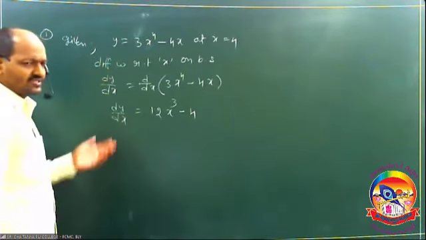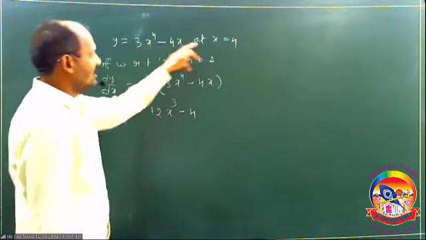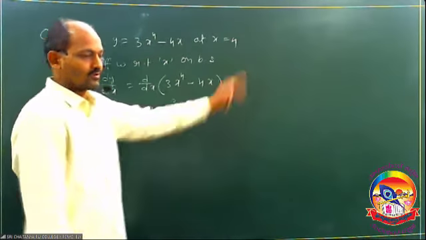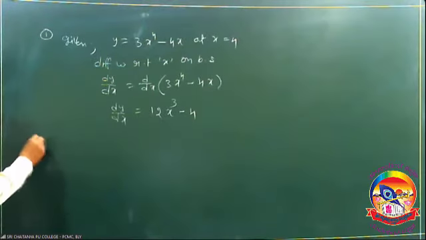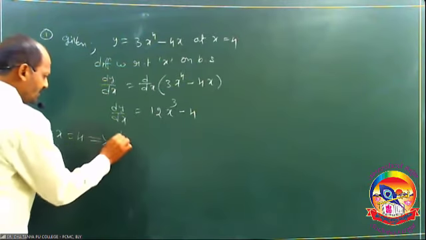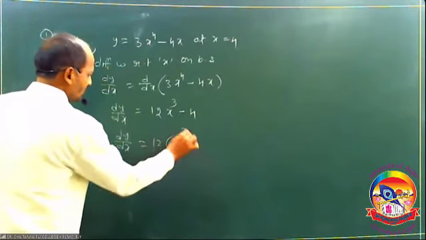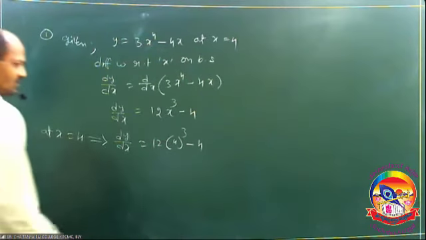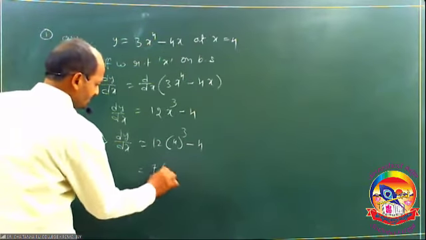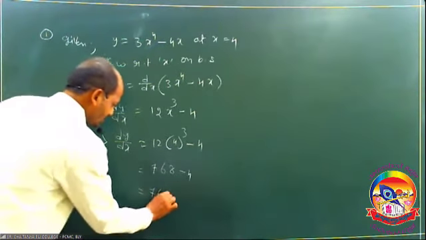Dy by dx means slope, but we need the slope of tangent of this curve at x is equal to 4. So at x equal to 4, dy by dx is equal to 12 into 4 cubed minus 4. So we get 768 minus 4, we get 764.